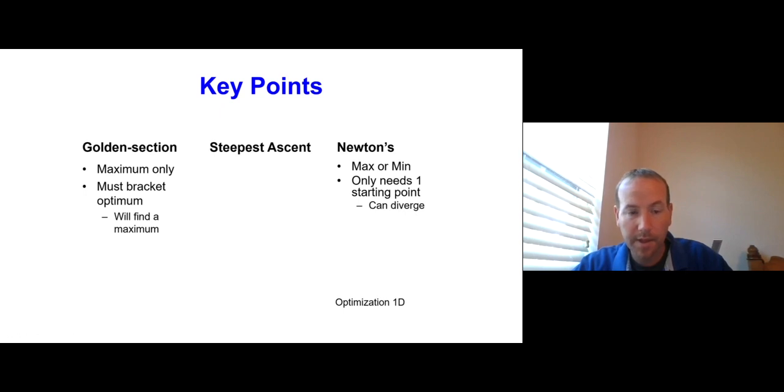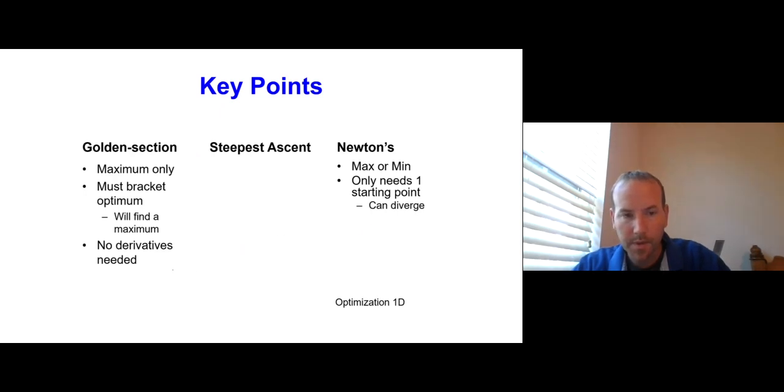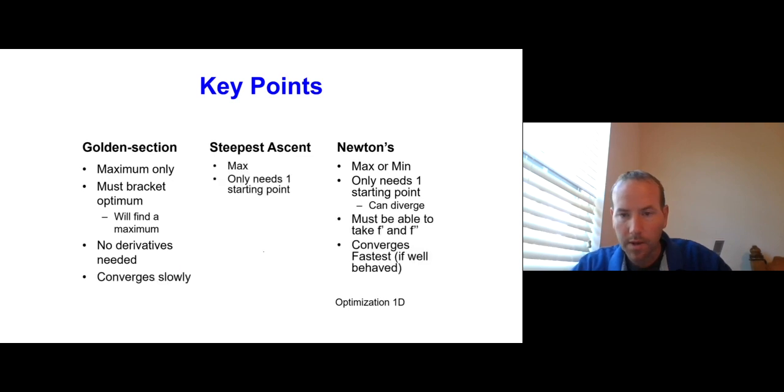But the advantage there is that it's guaranteed to find a maximum if it's there. Whereas, in contrast, Newton's method can diverge. And finally, golden section method does not require any derivatives, whereas Newton's method, you must be able to take both the first and second derivative.